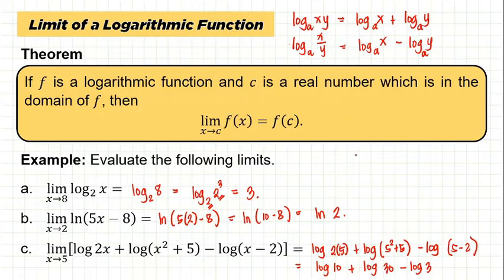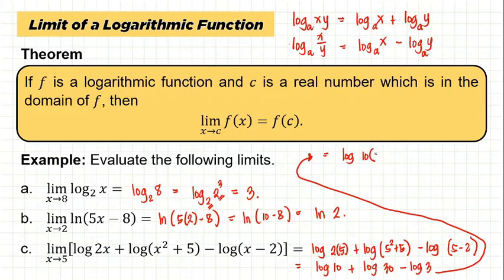So from that, I can rewrite this one as, so I will continue here. So we will have log of 10 times 30 minus log of 3. And since we have minus here, we can apply the second property here.